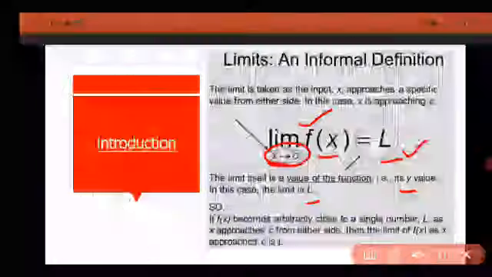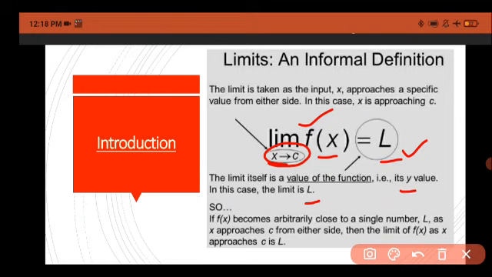In this case, the limit is L. So if f(x) becomes arbitrarily close to a single number L as x approaches c from either side, whether right or left side, then the limit of f(x) as x approaches c is L.